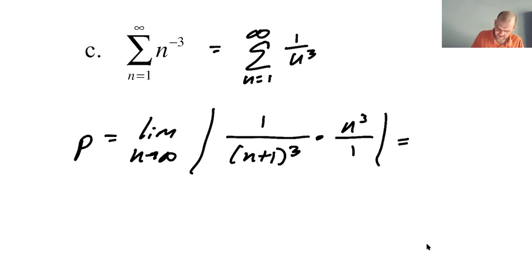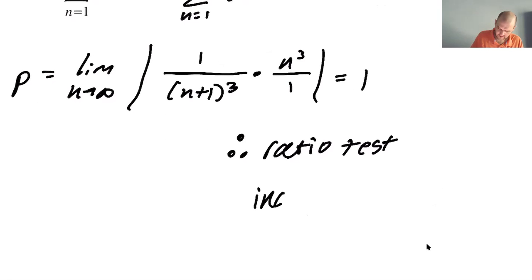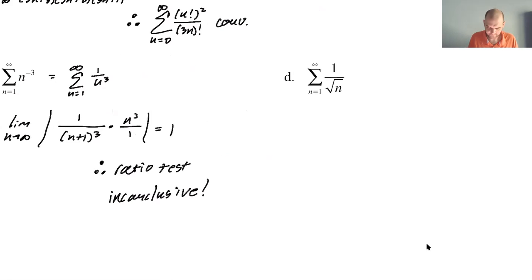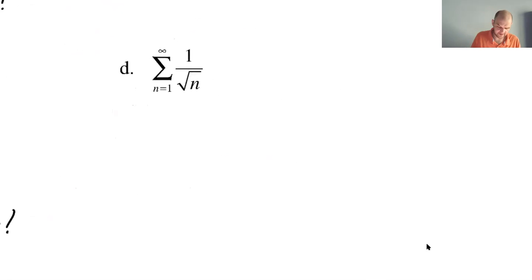If I take this limit, I get 1. Inconclusive. So the ratio test is inconclusive, and we need to use another test, but we already knew that it converged. P series, P is equal to 3, definitely converges. But this is a good fact to know.